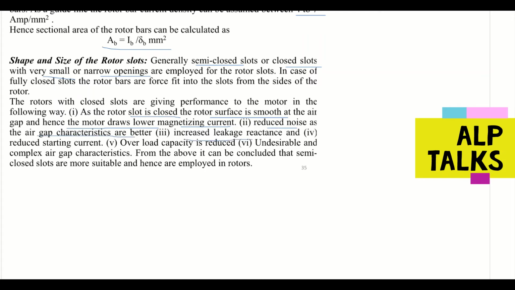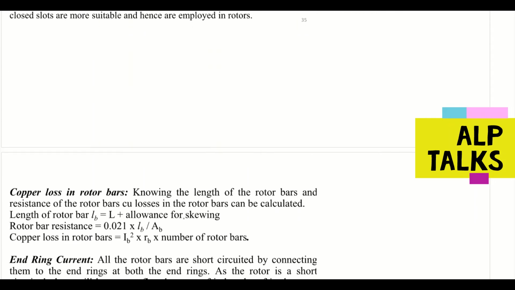But there is increased leakage reactance, reduced starting current, reduced overload capacity, and undesirable complex air gap characteristics. From the above, it can be concluded that semi-closed slots are more suitable, hence they are employed in motor rotor calculations.